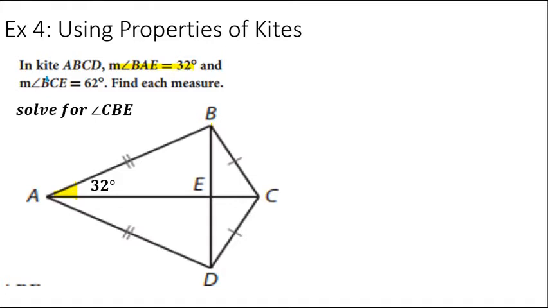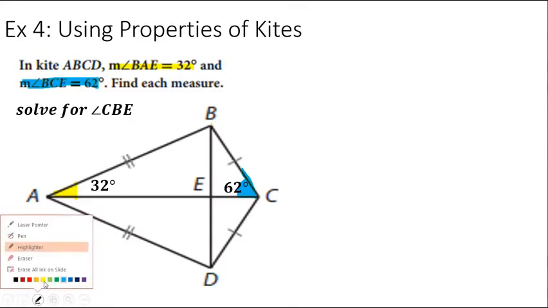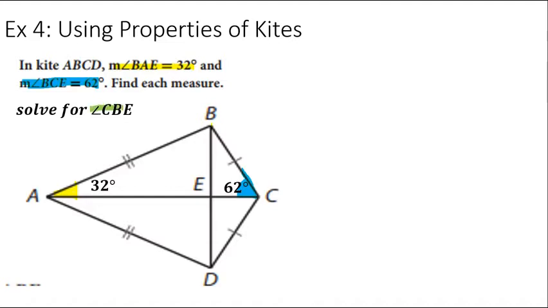It also tells you that angle BCE is 62 degrees. So BCE is this angle right here, and that's 62 degrees. So what we're trying to solve for is angle CBE, which is this angle right here.